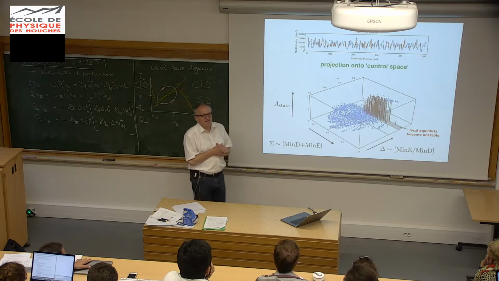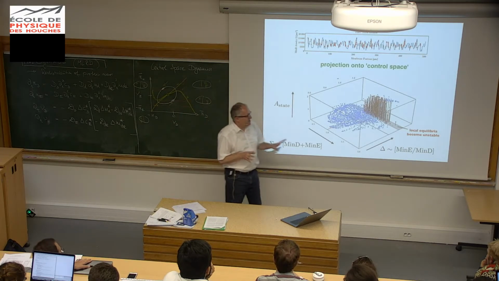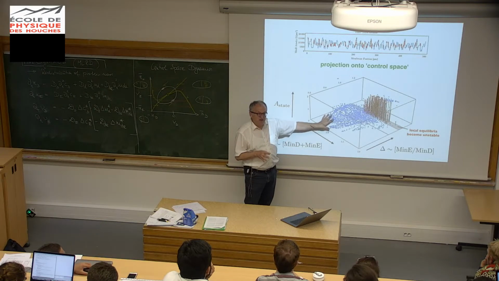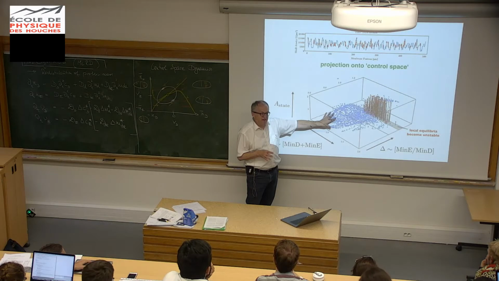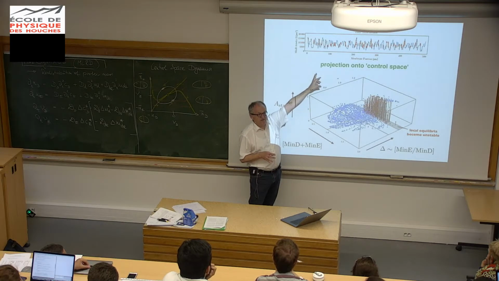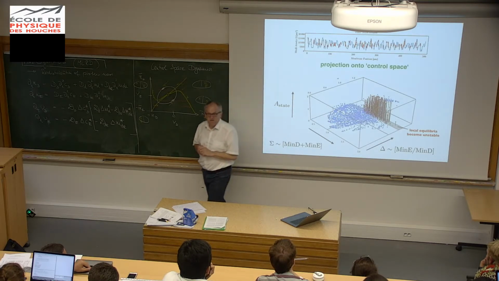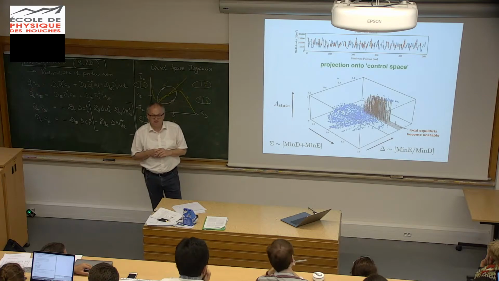It's a long, long story, and I find it a very beautiful one. The point I want to make here is simply that I really strongly believe this representation in terms of control space is the way of representing these patterns and gaining insight into the dynamics, because that here is very hard to interpret. This is easier to interpret in terms of geometric concepts that you have available in the system.